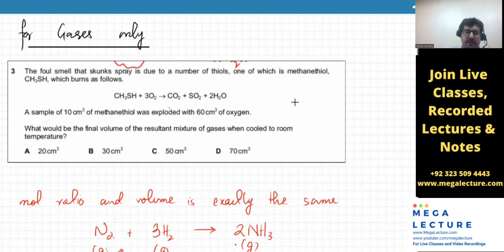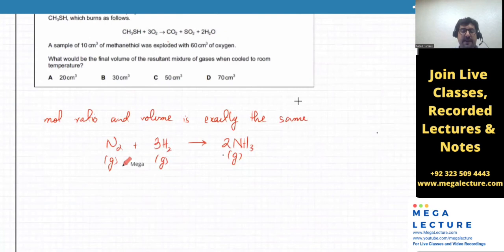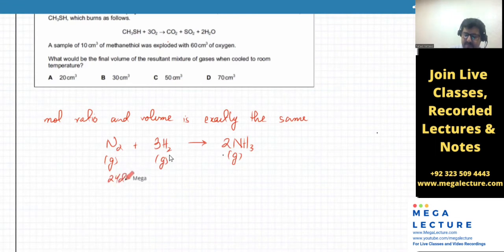So this gets produced. Now, if I say 1 mole of N2 gas reacts with 3 moles of H2 gas, that means 24 dm³ reacts with how much? 72 dm³. Is that clear?